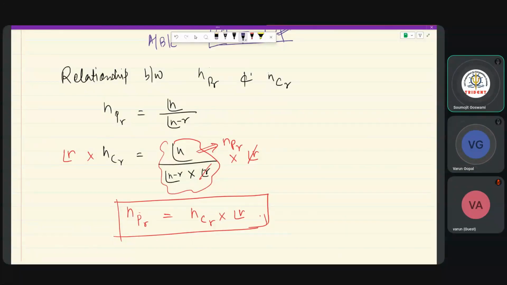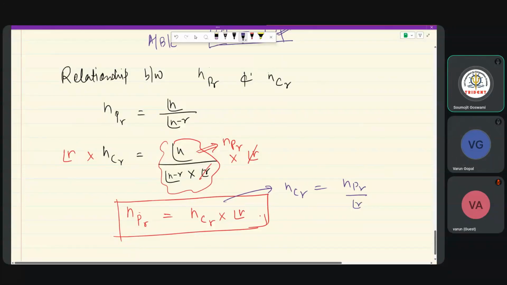I'm just sowing the seed right now, putting a thought inside your head. I'm not going to elaborate because I will elaborate in the next classes. Arrangement, selecting an arrangement. Now, if I need to write for NCR, that would be NPR by factorial r.